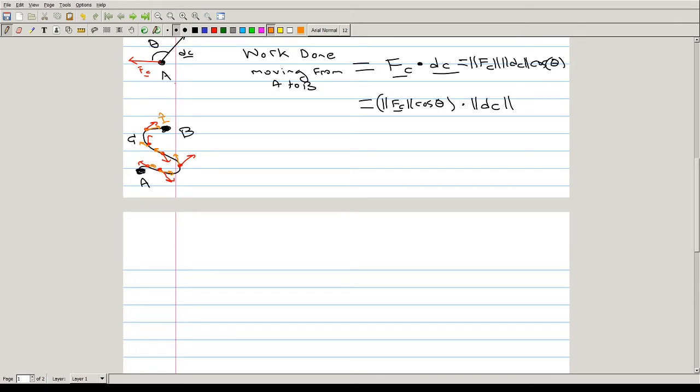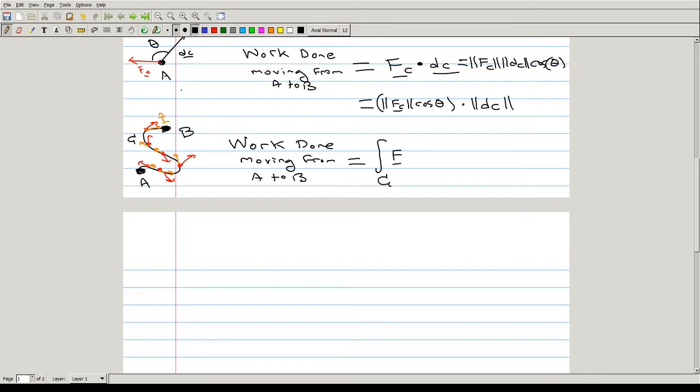And then it shouldn't take too long to see that the total amount of work done moving from A to B is going to be exactly equal to the line integral over C from A to B of the force field.